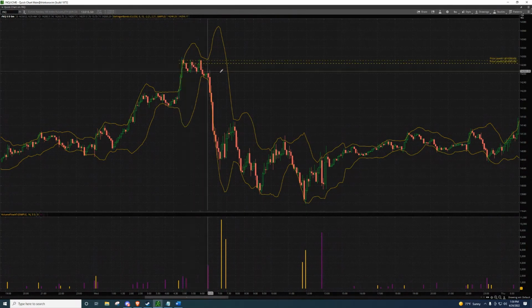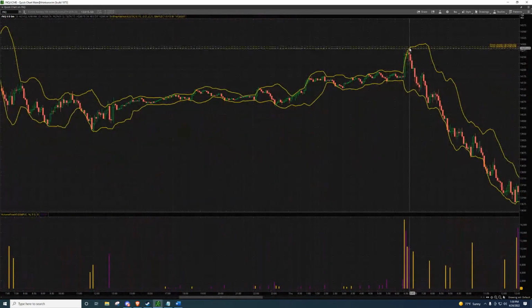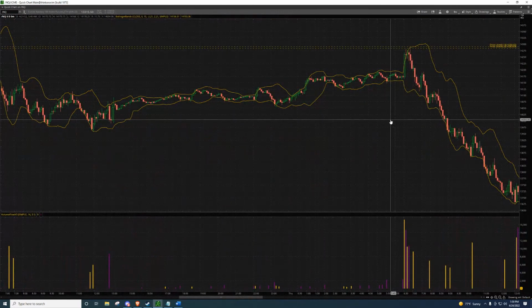So ideally, what I would like to see is that when we fall away from this area, the next time we revisit it, it's going to tap that area and it's going to fall very drastically, which you can see it does over here, right? That's the hope for me as a reversal trader. And that is the core set of my current strategy now, right?